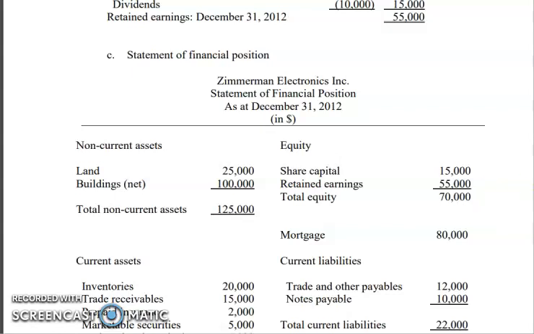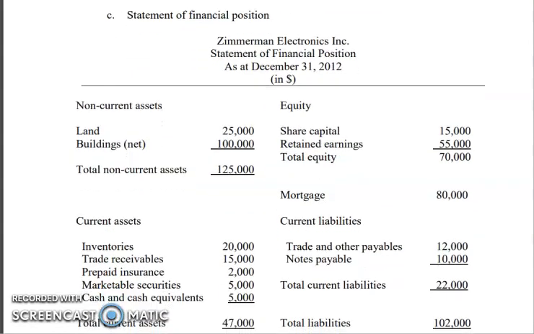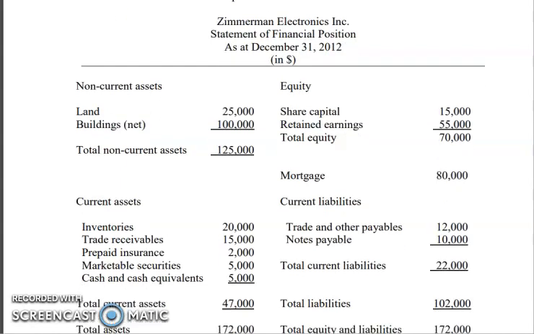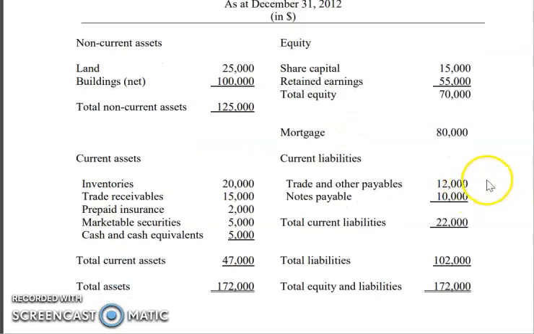Okay, so continuing on with this side of our statement of financial position, this is when we now have non-current liabilities, and the only non-current liability that they had was a mortgage of 80,000. Then we have our current liabilities. We have trade and other payables of 12,000, notes payable of 10,000 to give total current liabilities of 22,000.